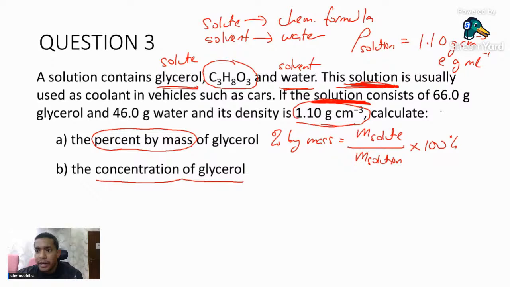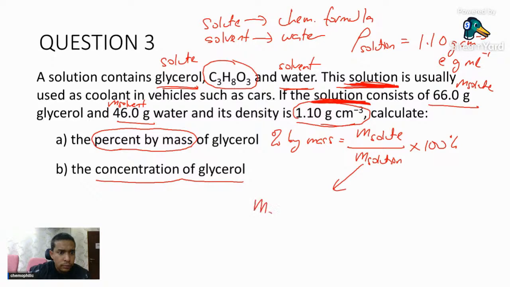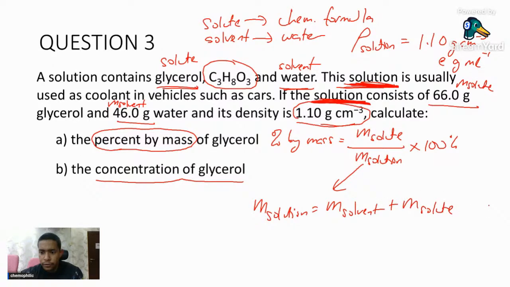Okay, so now the question asks me to calculate the percentage by mass of glycerol. So now you can see the question has given you the mass of solute. They also give you the mass of solvent. But inside our formula, we have mass of solution, which is why another thing you guys need to know is that to find the mass of solution, we can add both the mass of solvent plus the mass of solute.